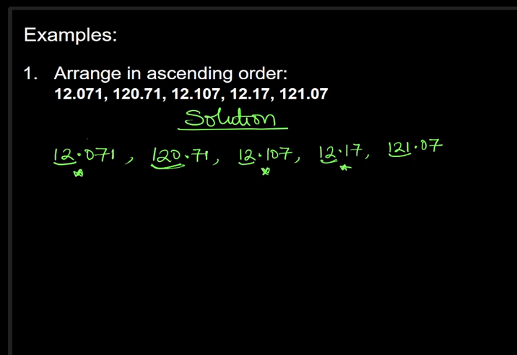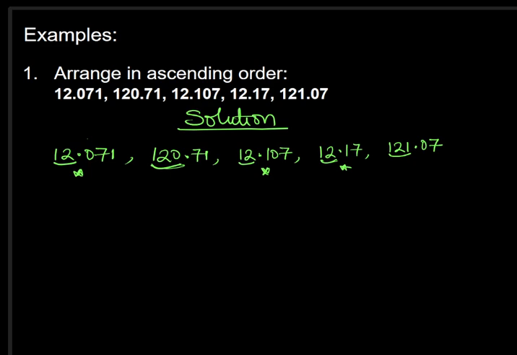Now, there's also a rule for the fractional part. When you go to the fractional part, you don't count how many digits are there in the fractional part. I will tell you why. The reason is that you can add zeros to the fractional part to make it as many digits as you want.